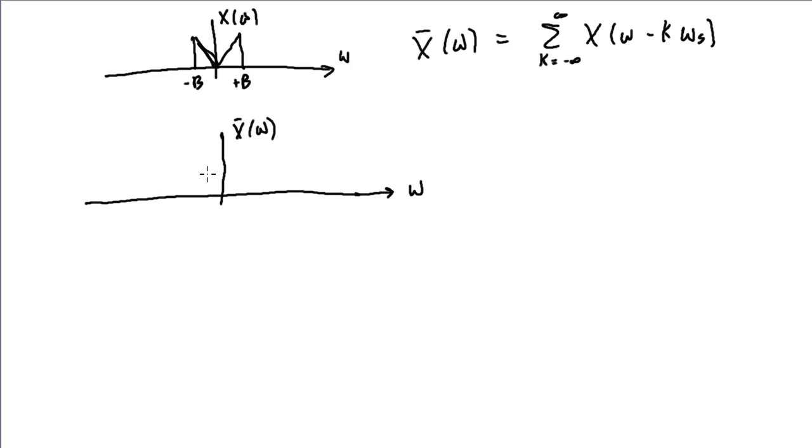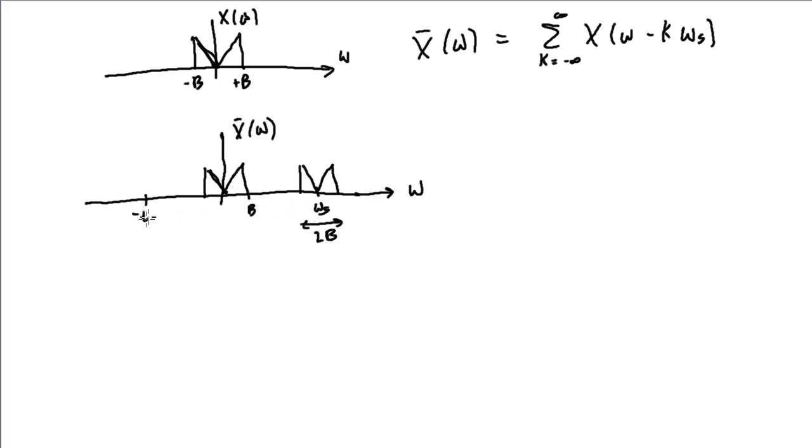With k equal to 0, I have x of omega. With k equal to 1, this will be now shifted to omega s. This width is now 2 times b. So this lower frequency is omega s minus b. The upper frequency is omega s plus b.